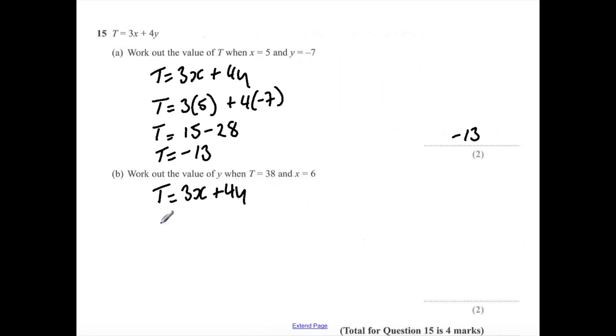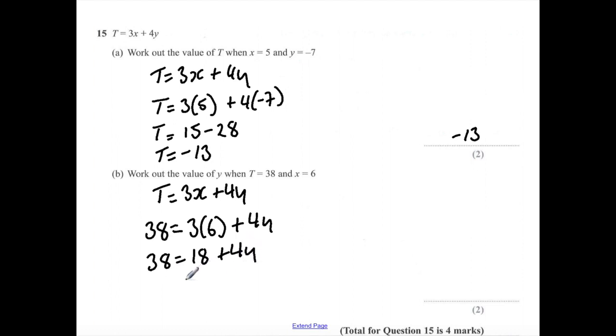I'm going to substitute back into this equation. So 38 equals 3 times x, which is 6. I'm going to open my brackets, plus 4y. 3 times 6 is 18. So 38 equals 18 plus 4y.